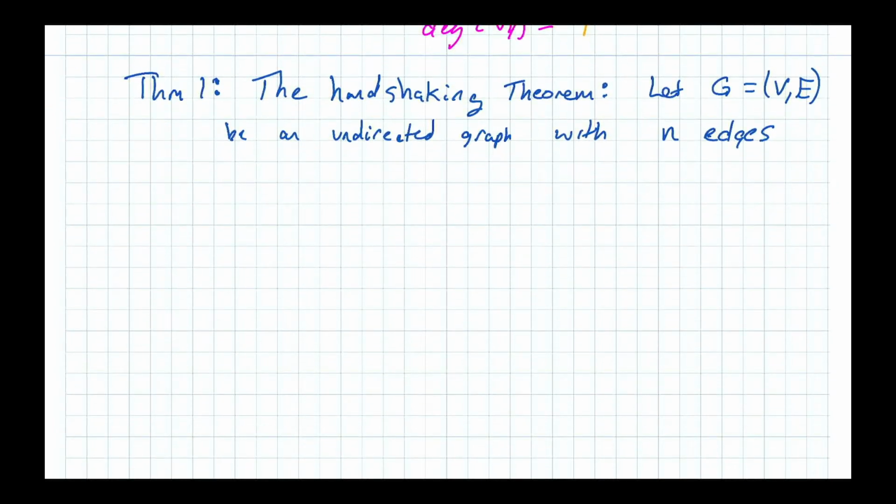So you need to know how many of them there are. Then 2m equals the sum of the degree of v, for all of the v's in V.